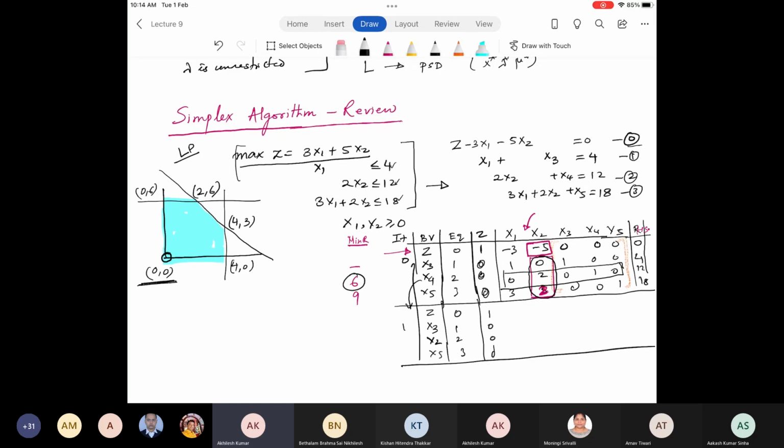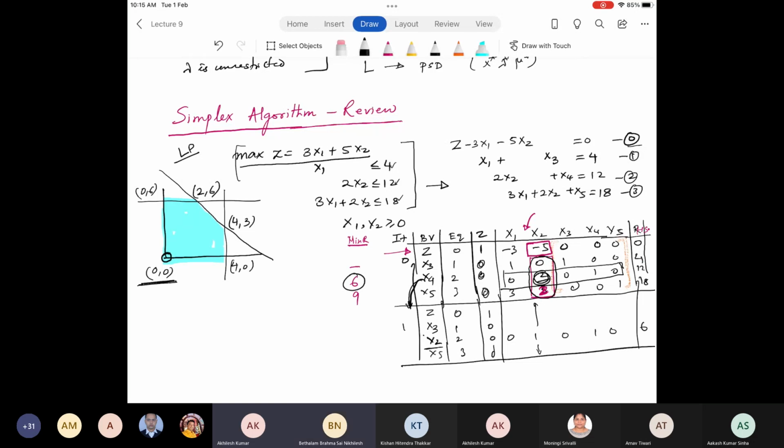So x4 is leaving and x2 is entering. So I have replaced x4 with x2 here. So x2 will be calculated from this equation now. All we need to do is divide the whole row by the pivot number. So 0, 1, 0, 1, 0, 12 by 2, 6. Now above this and below this, there should be no ones. The coefficients should be all zeros.